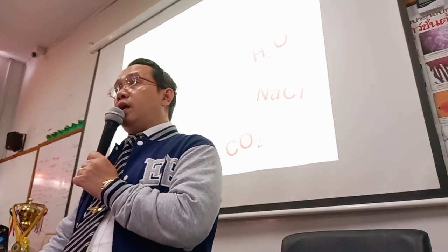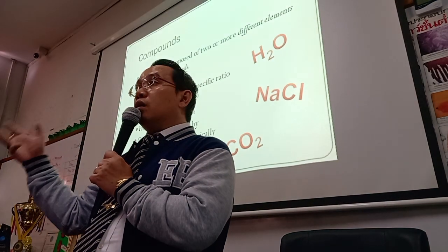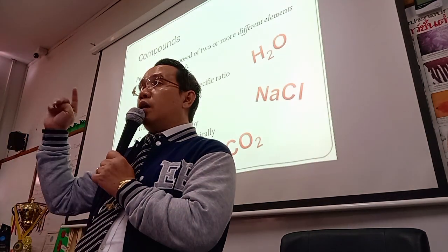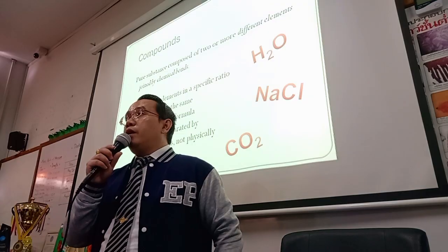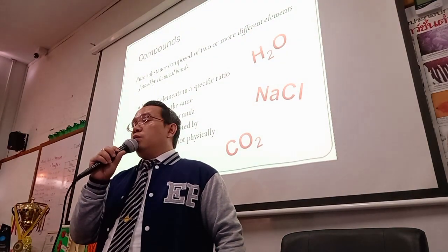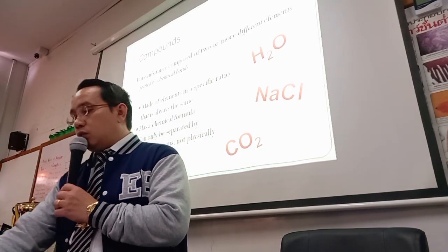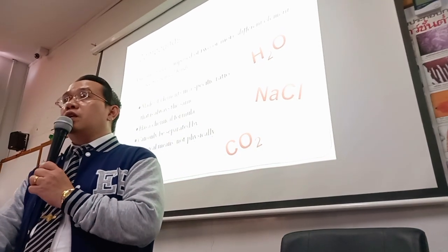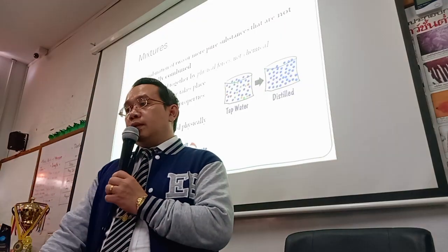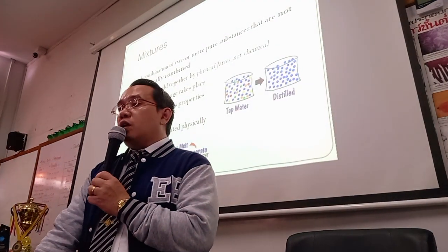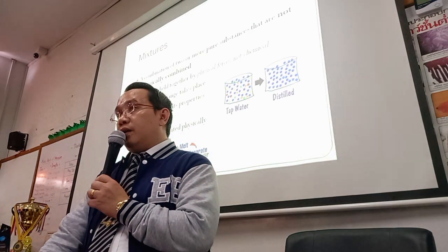Actually, there are so many examples. For example, glucose: 6 carbon, 12 hydrogen, and 6 oxygen. Those arrangements are considered the glucose compound. Then mixtures. A mixture is a combination of two or more pure substances that are not chemically combined.